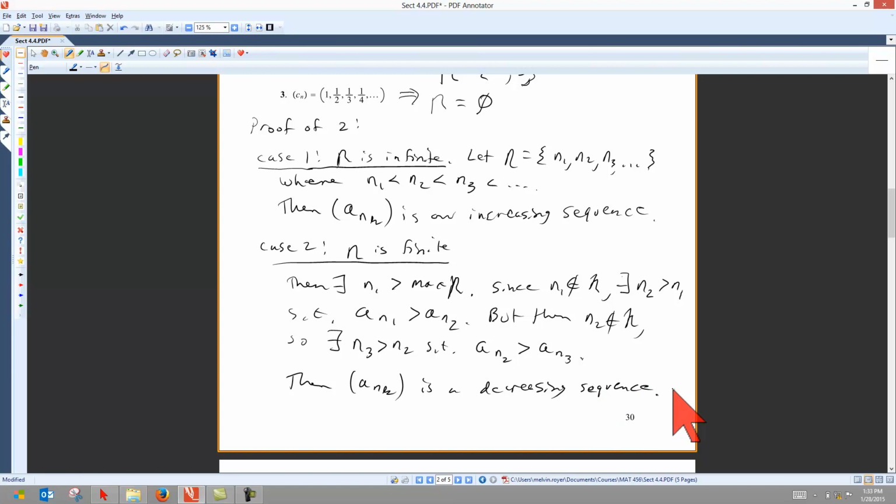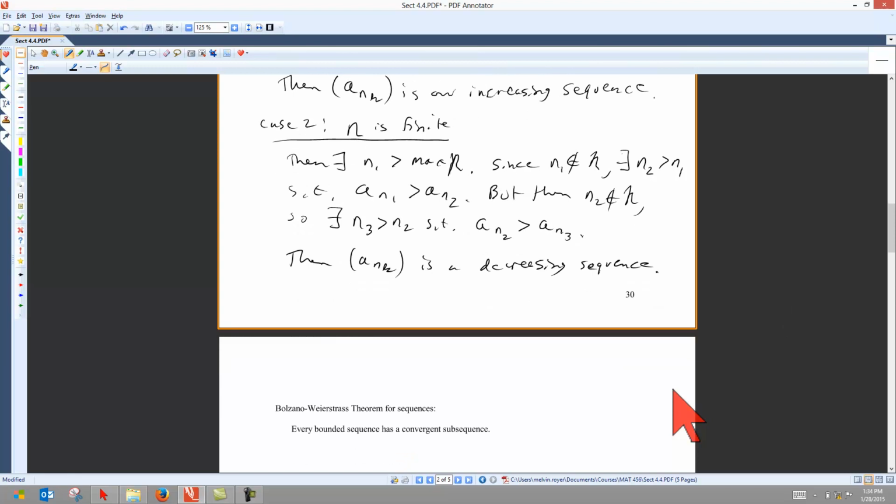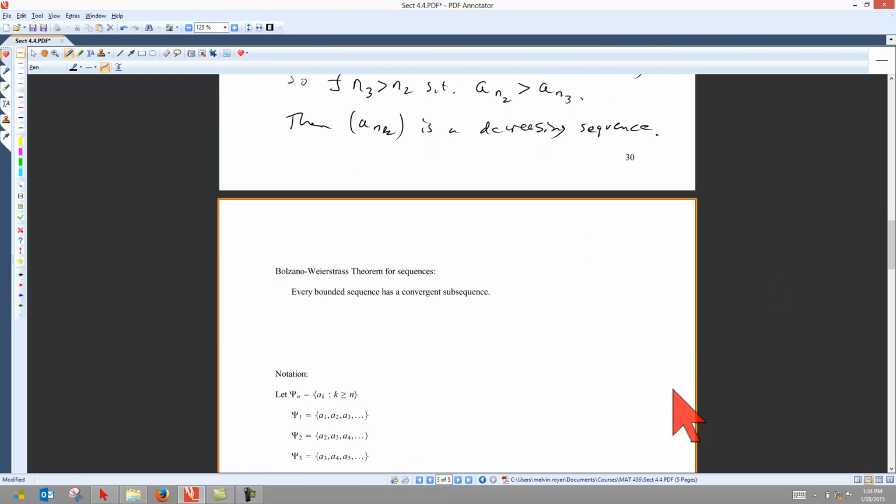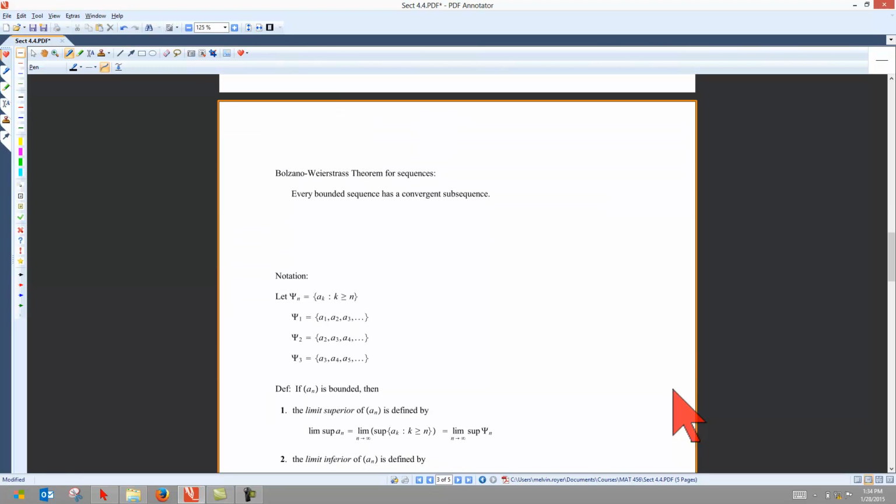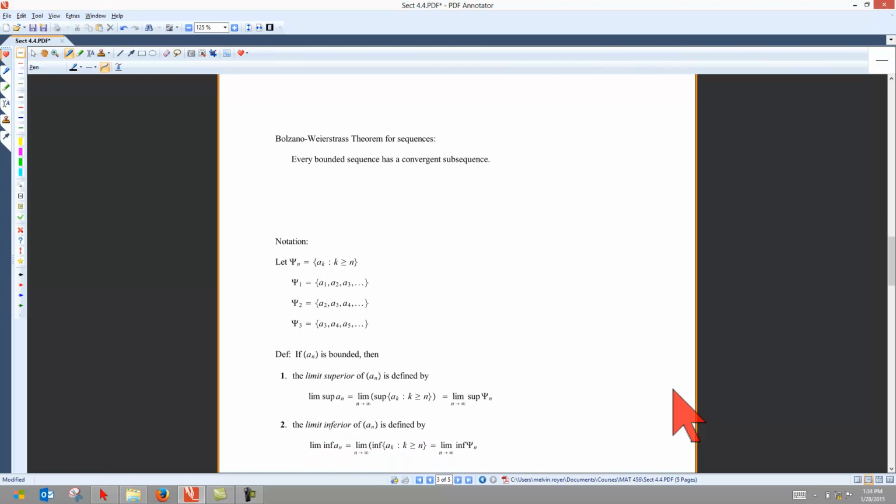All right, so the two cases were different, but they both led to a conclusion that there is a monotone sequence. And the reason we wanted that theorem is this one, the Bolzano-Weierstrass theorem for sequences. We've already seen the Bolzano-Weierstrass theorem for sets.